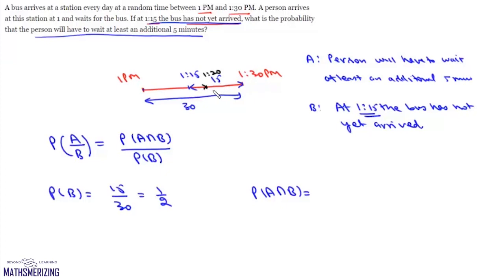So this favorable case corresponds to this interval of length 10. So this probability will be simply 10 by 30, which is 1 by 3. Now this conditional probability P(A|B) will be P(A intersection B), which is 1 by 3, upon probability of B, which is 1 by 2. So the required probability is simply 2 by 3, and that is the answer to this question.